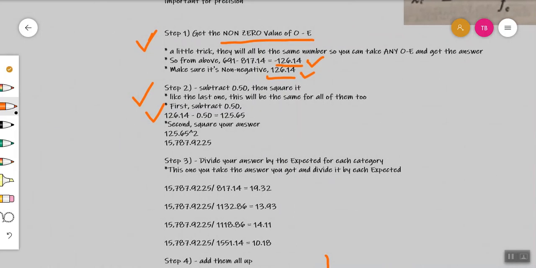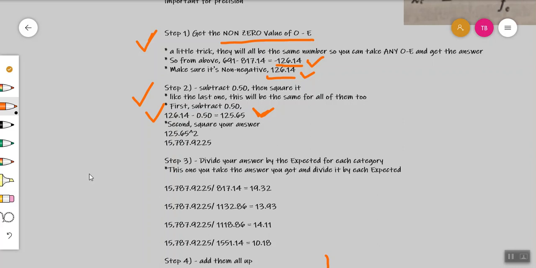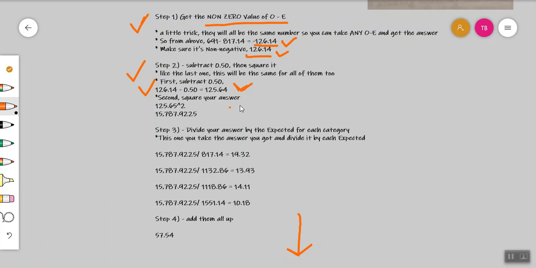Let's do that on our calculators. 126.14 minus 0.5 equals 125.64.